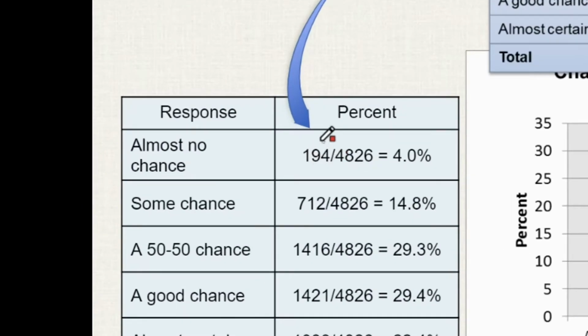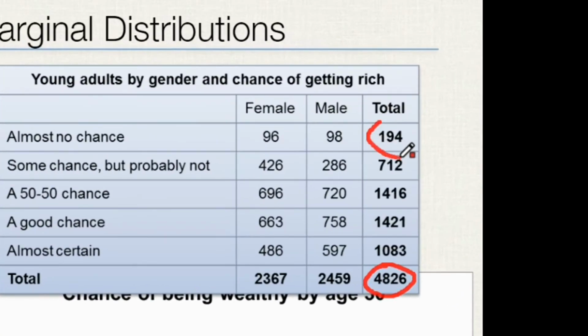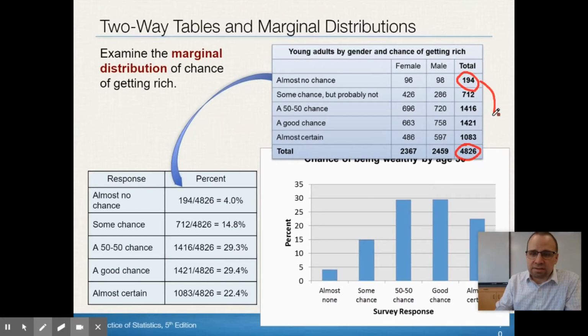So if I wanted the marginal distribution of almost no chance, well, I come over here, I have 194, almost no chance. This marginal distribution would be divided by that 4,826 to give me a grand total of 4%. 4% believe they have almost no chance.